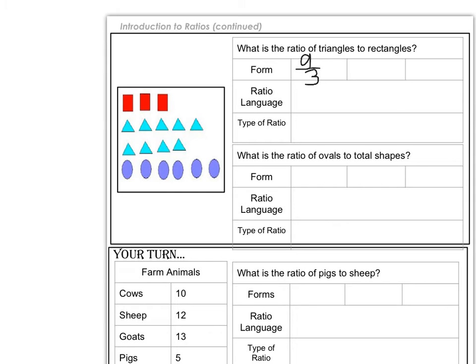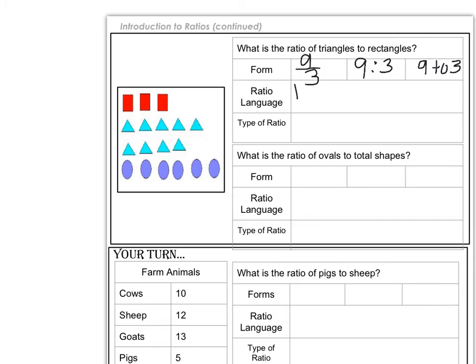The second form, remember, is using a colon. So 9 colon 3, or we would say 9 to 3. And then the third form is using the word to, 9 to 3. Ratio language. So we start with the triangles, then the rectangles. So we'll say for every 9 triangles, there are 3 rectangles.